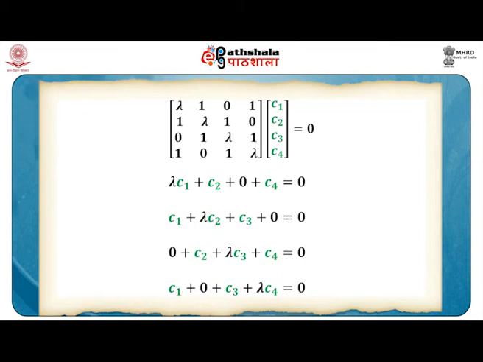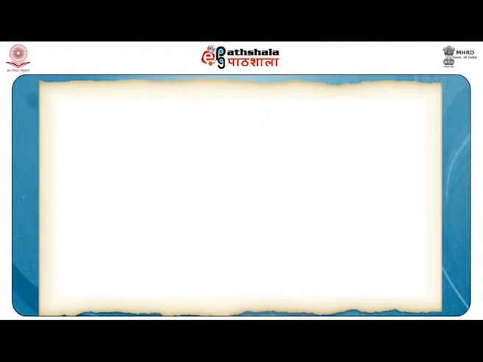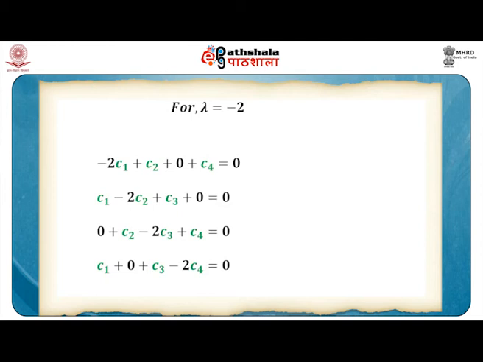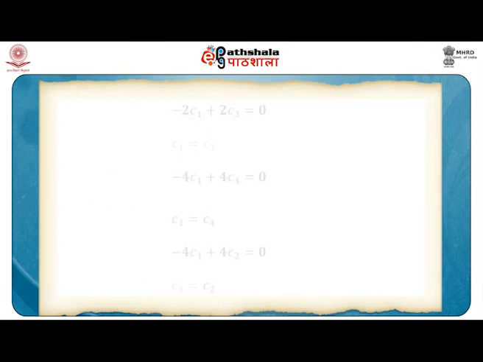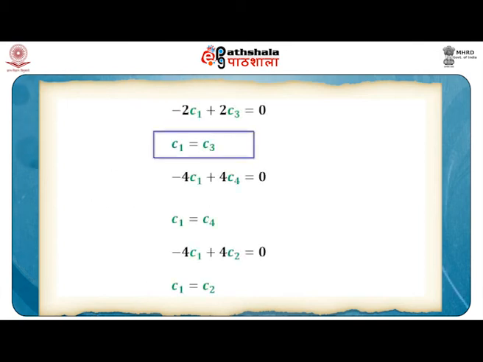Now these are the sets of equations which will have to be satisfied for each of the lambda values. Now we first find out the values of the coefficients for lambda equal to -2. If we put lambda equal to -2, these secular equations become, if we simplify these equations, the conclusion here is that C1 is equal to C3.